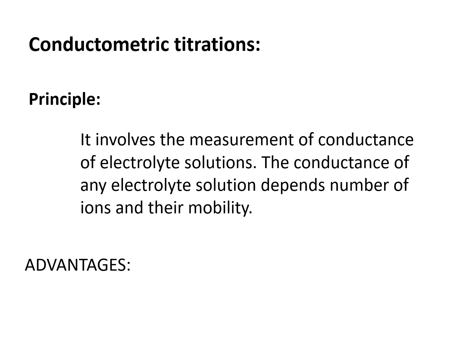Okay, next let us go to a new aspect, that is conductometric titrations. The titrations in which the endpoint of a titration is determined by means of conductance measurements are called conductometric titrations. A sharp change in conductance of the solution at the end point is determined. The principle of conductometric titration is that the conductance of any solution depends on the number of ions and their mobility.